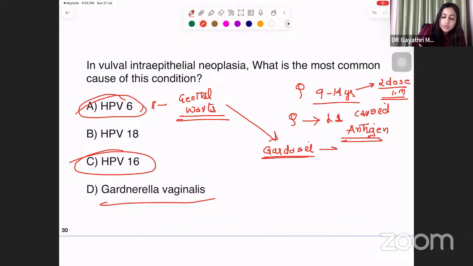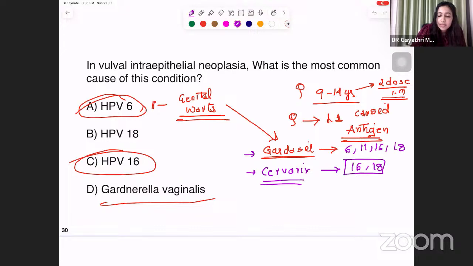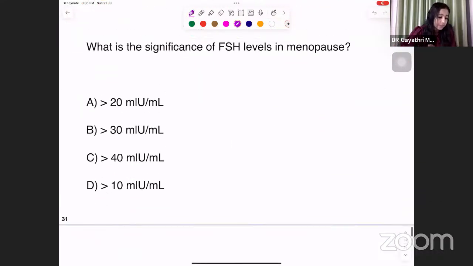Gardasil, the quadrivalent vaccine, is against HPV 6, 11, 16, and 18. And Cervarix, your bivalent vaccine, is only against the high-risk strains, that is 16 and 18.